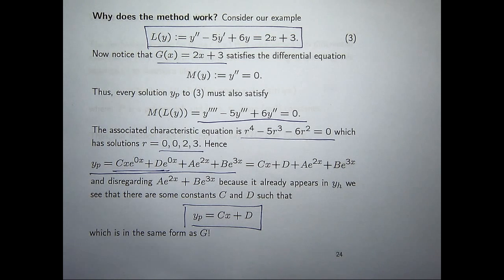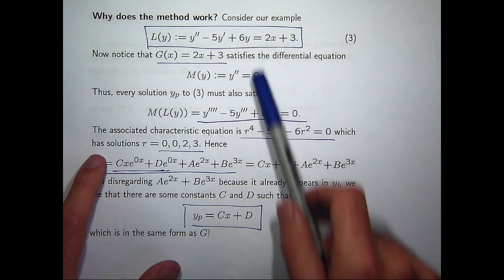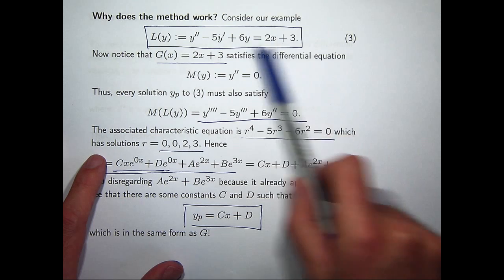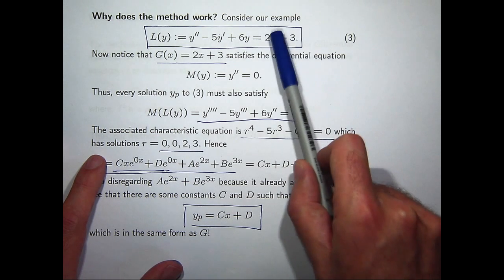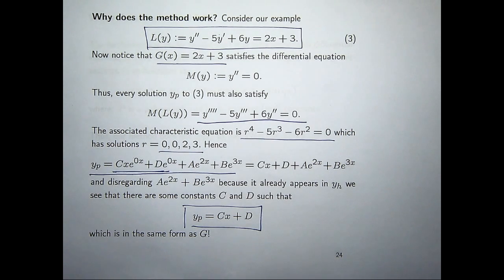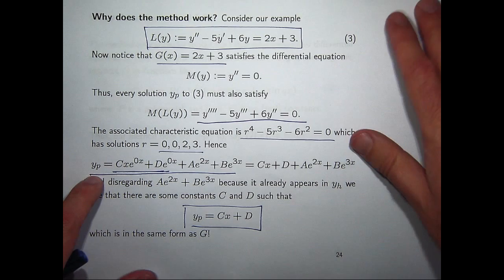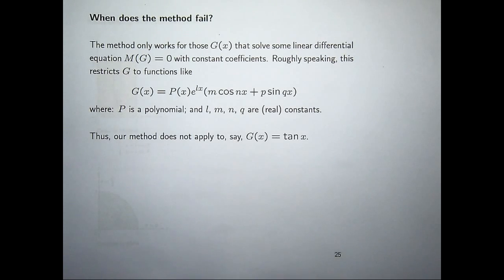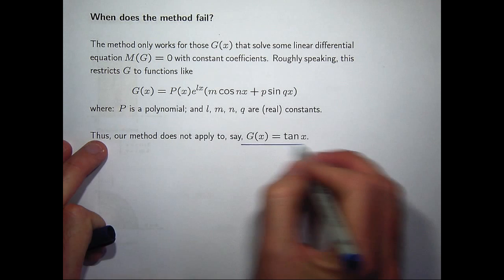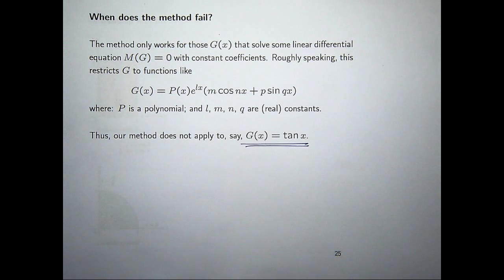So this is why the method of undetermined coefficients only works with certain kinds of functions on the right-hand side. You can't annihilate all functions through differentiation. Okay, think of tan x. How would you annihilate tan x through differentiation? You can't do it. Okay?